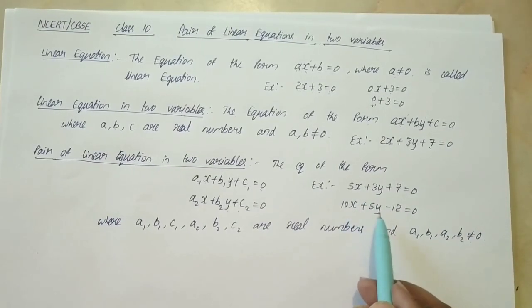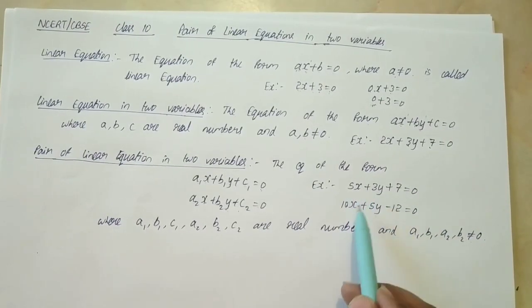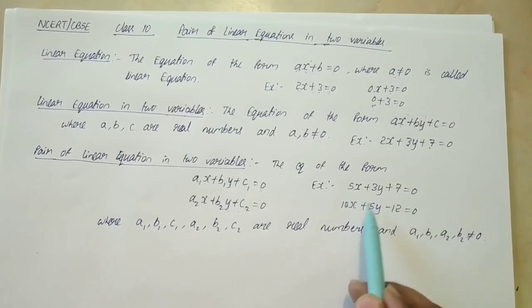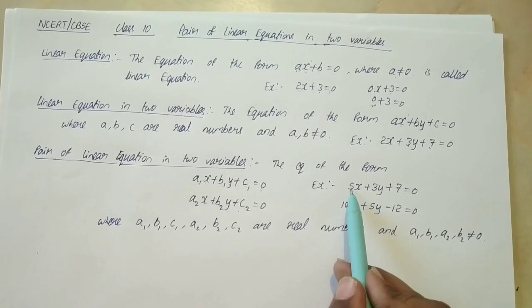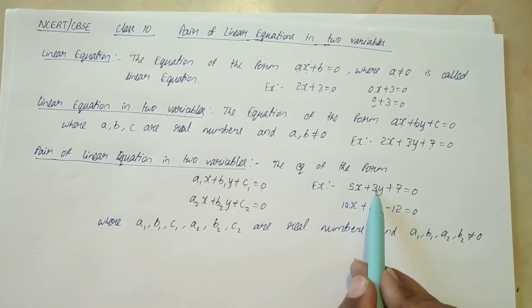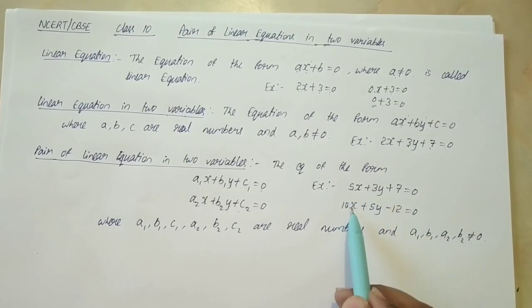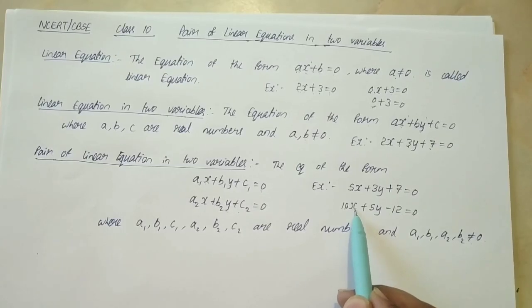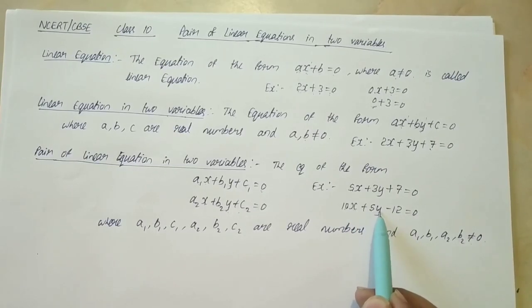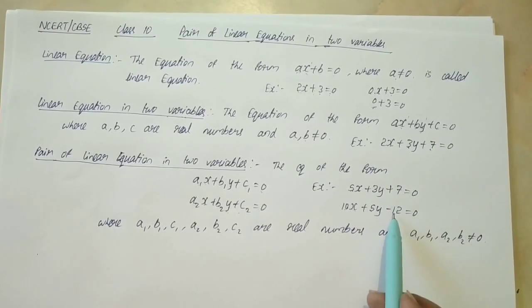So we have written two equations here. In both the equations the variables are the same, x and y. And this 5 is the coefficient of x in the first equation, right? And this 3 is the coefficient of y. And here 10 is the coefficient of x in the second equation, 5 is the coefficient of y in the second equation, and these two are constants, right?